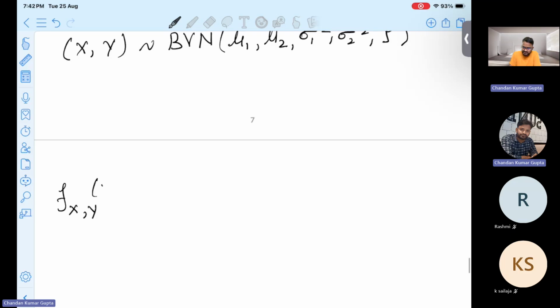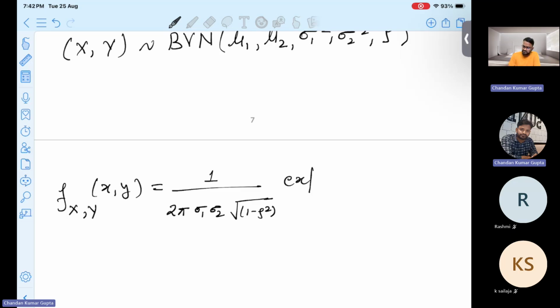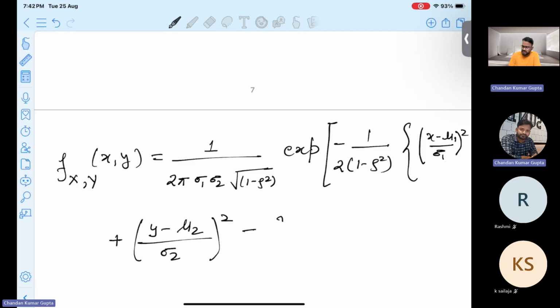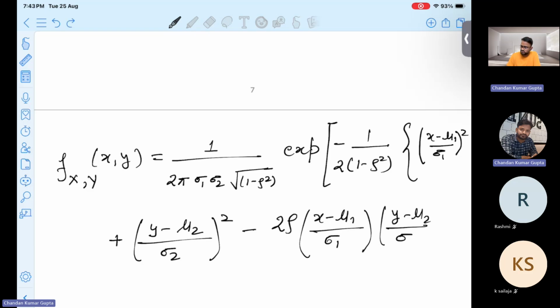It is 1 upon 2 pi sigma1 sigma2 under root of 1 minus rho square, times exponential of minus 1 upon twice 1 minus rho square, times the bracket: x minus mu1 upon sigma1 whole square, plus y minus mu2 upon sigma2 whole square, minus 2 times rho times x minus mu1 upon sigma1 times y minus mu2 upon sigma2.